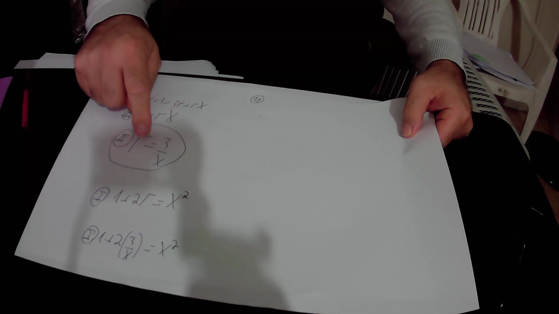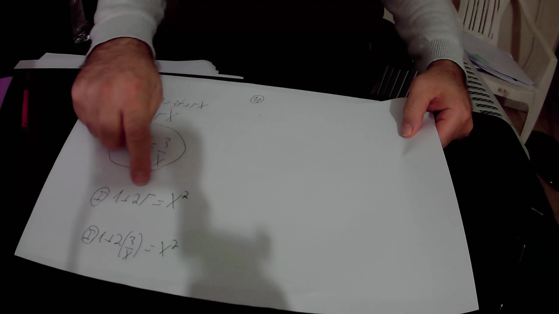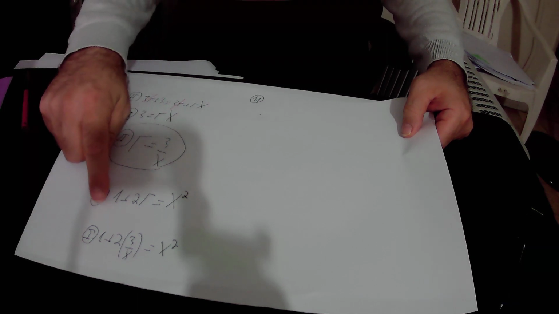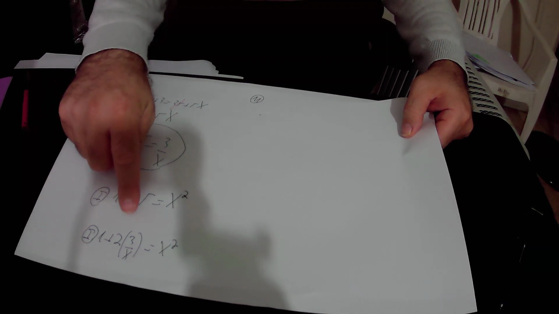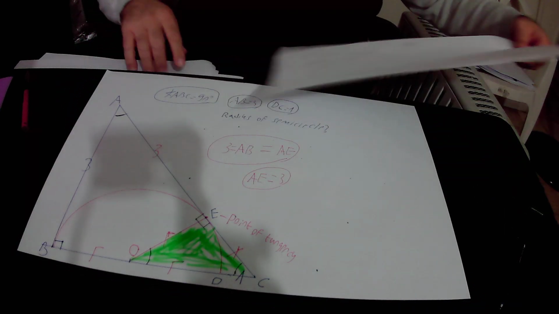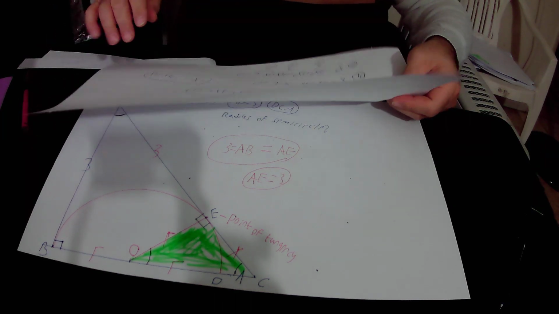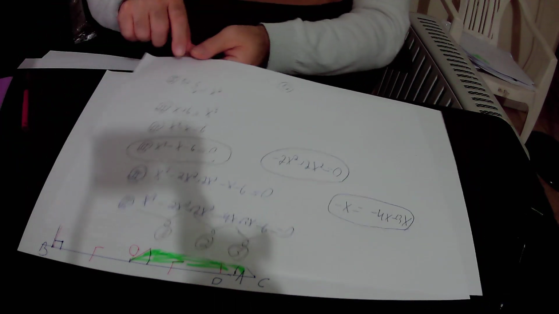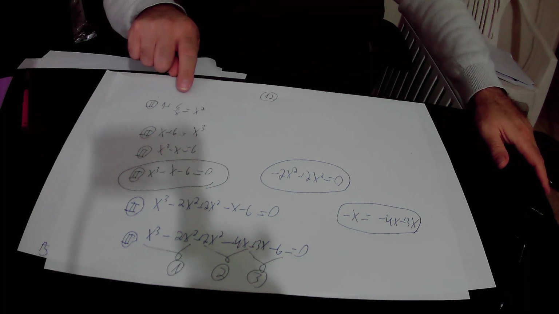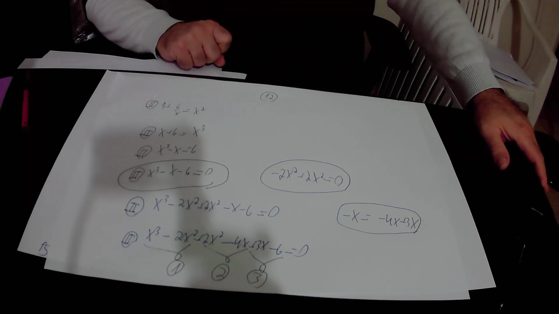So we substituted r by 3 over x in this equation, and we got 1 plus 2 times 3 over x equals x squared. 2 times 3 is 6. So in total we got 1 plus 6 over x equals x squared.